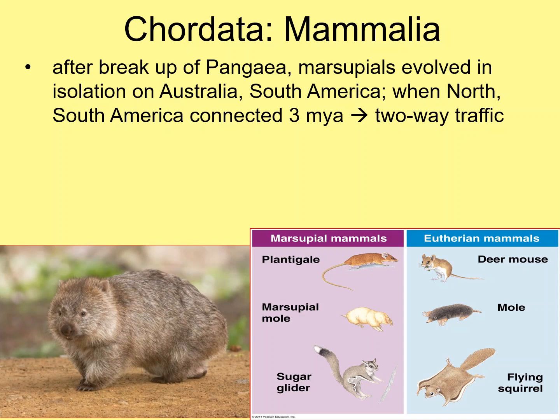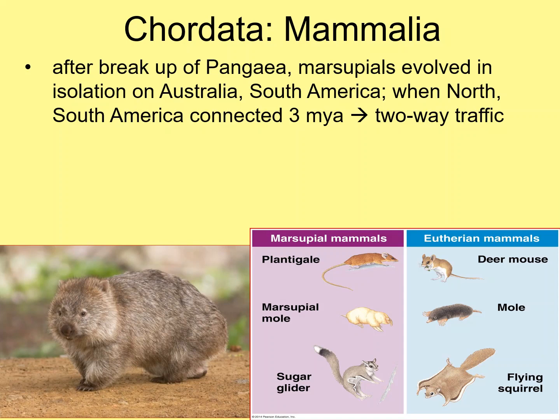And of course, the ancestor to placental mammals was on the African continent, and the ancestor to our marsupials was on the Australian continent. And so that means that, again, those niches that were left behind by our non-avian dinosaurs when they went extinct were filled by marsupials.